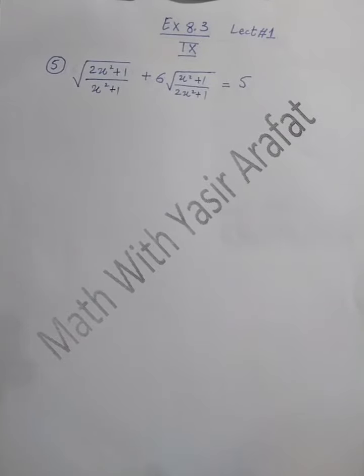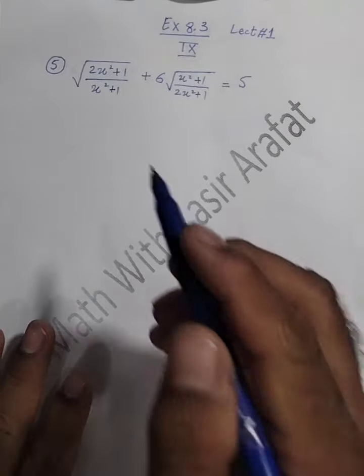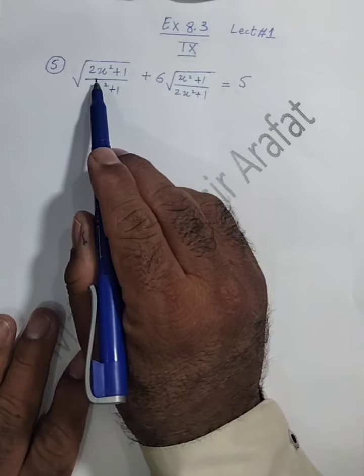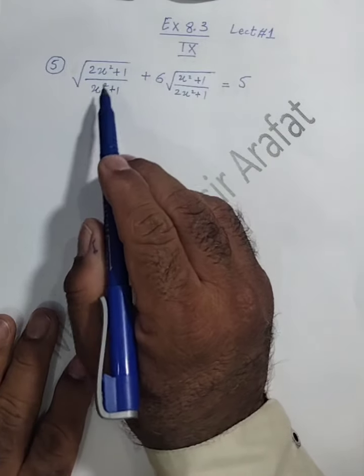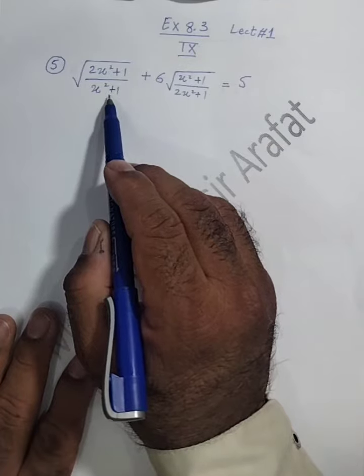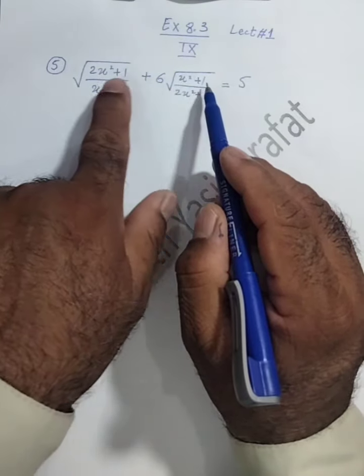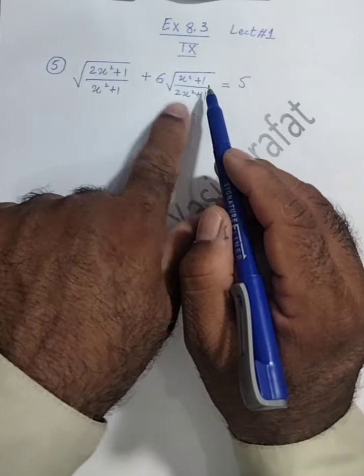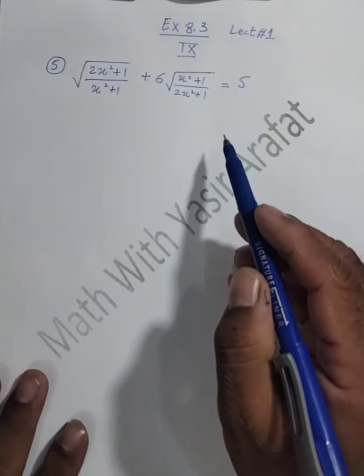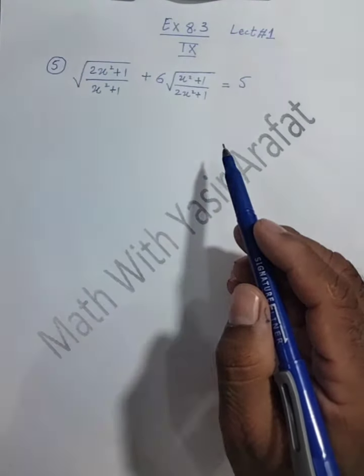Okay students, come to another question with the same case. Now see, this is (2x square plus 1) over (x square plus 1), and now it becomes (x square plus 1) over (2x square plus 1), numerator becomes denominator and denominator becomes numerator. This relation is called a reciprocal relation between the two fractions.